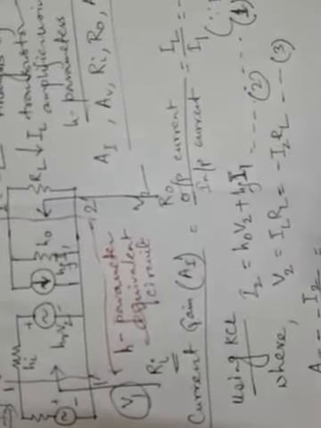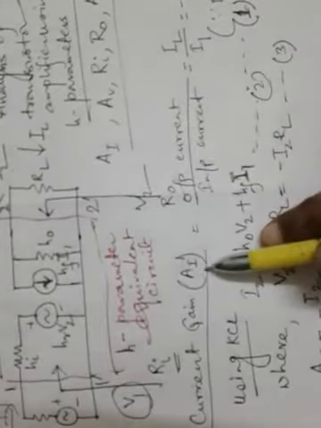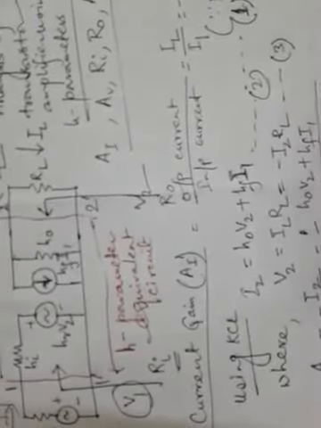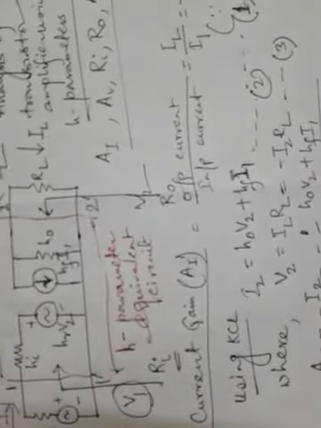Minus I2 by I1. This is I2, so we need to find AI, minus I2 by I1. Put I2 from here, that is minus HO V2 plus HF I1, divided by I1.